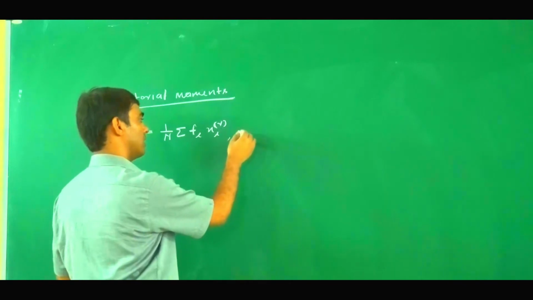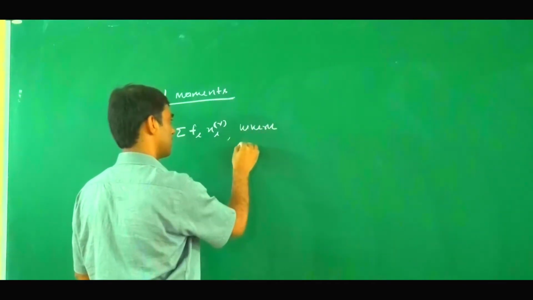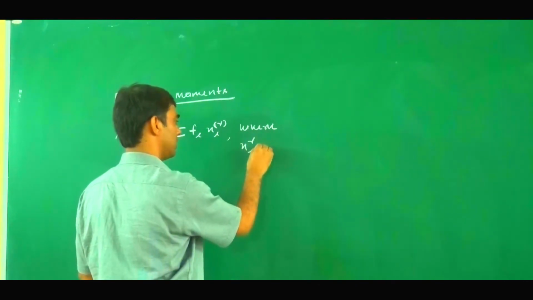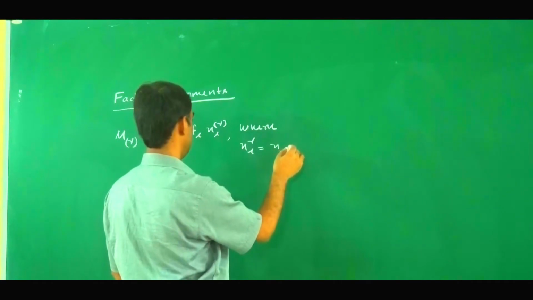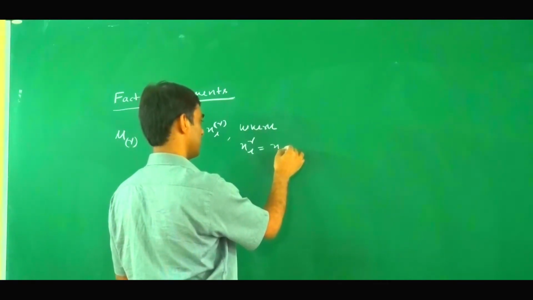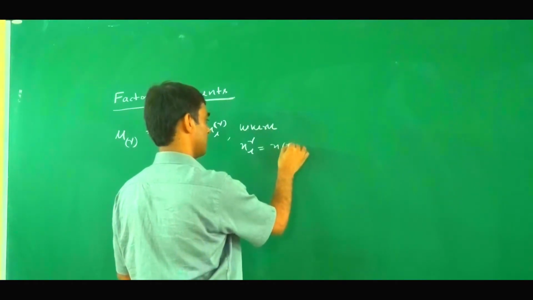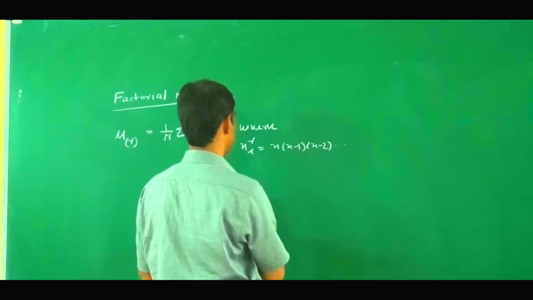So what is xi to power r? Here xi to power r is x, x minus 1, x minus 2, up to x to power r.